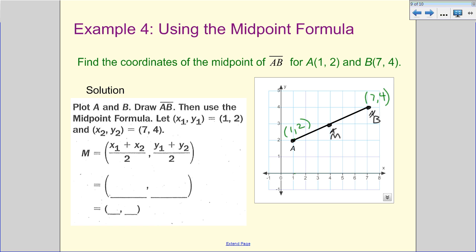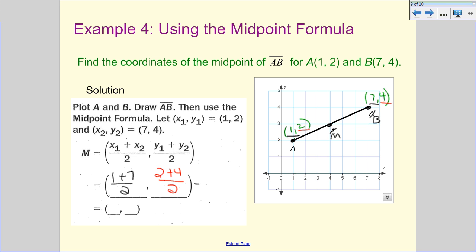So we take a look at that. We're going to take the two x coordinates and add those together. So we're going to take 1 plus 7 and divide by 2. We're going to take the two y coordinates, 2 plus 4, and divide by 2.